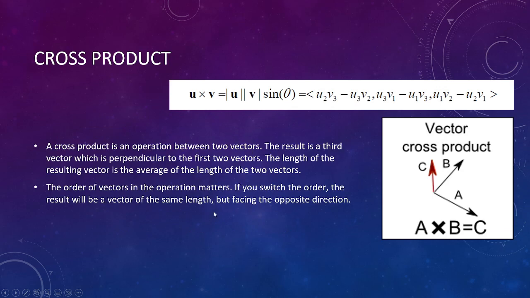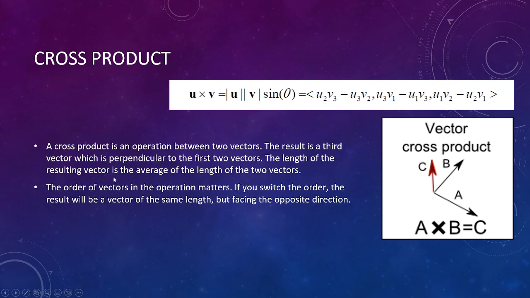Right? We also have here cross product. It's another operation with vectors. So if you cross product two vectors, the resulting vector is perpendicular to the first two vectors.